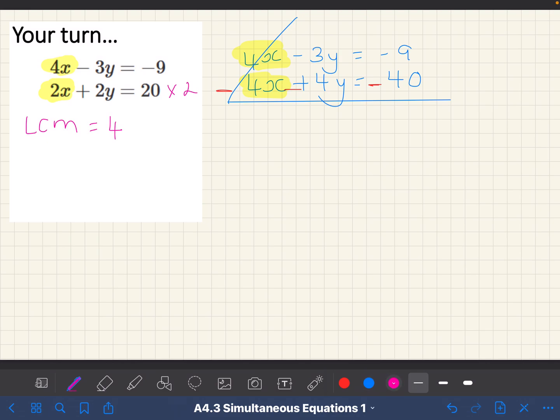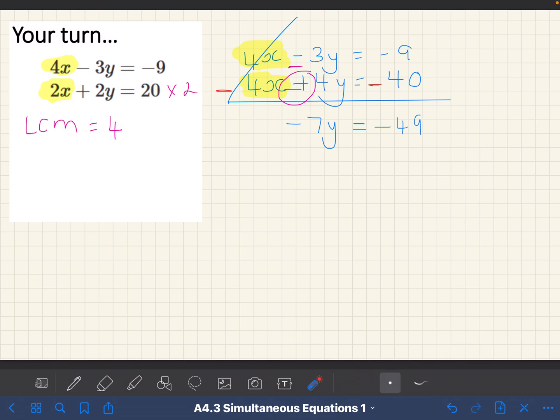When I've got a plus and a minus together, I have got a minus. So that means I've got minus 3y take away 4y, giving me an answer of minus 7y. That then is equal to minus 9 take away 40, giving me an answer of minus 49.